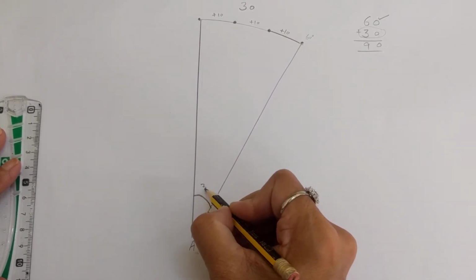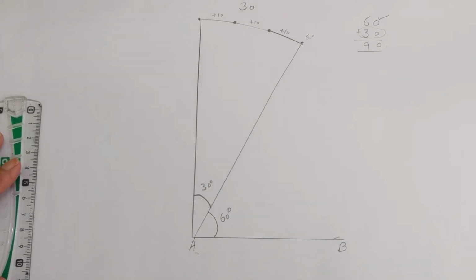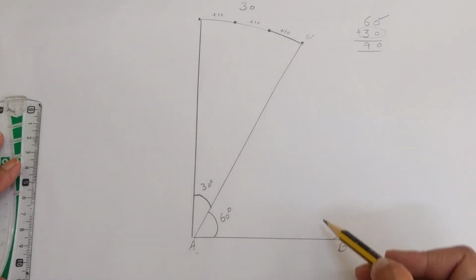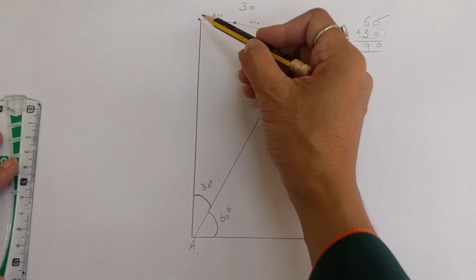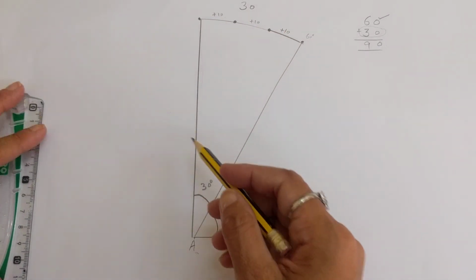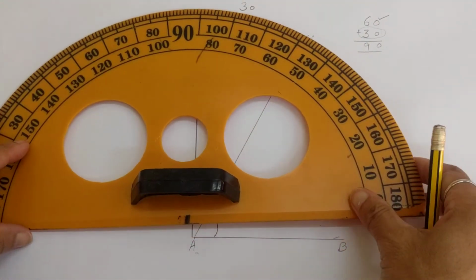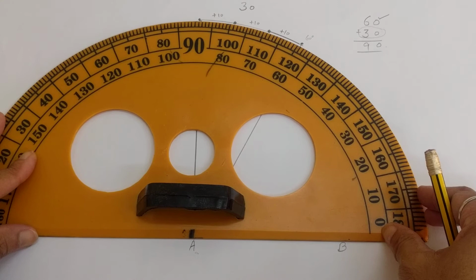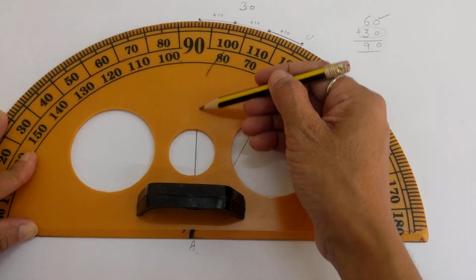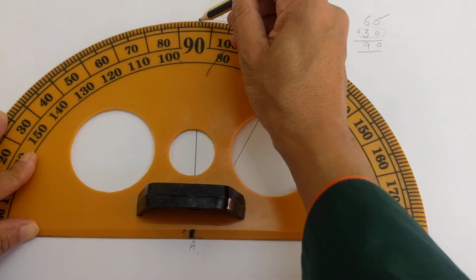This space between two arms of the angle is equal to 30 degree, and this space represents the 60 degrees. And at the end, as you can see, this straight line actually shows the 90 degree. If I put the protractor again over here, you can see this line exactly matches the 90 degrees.